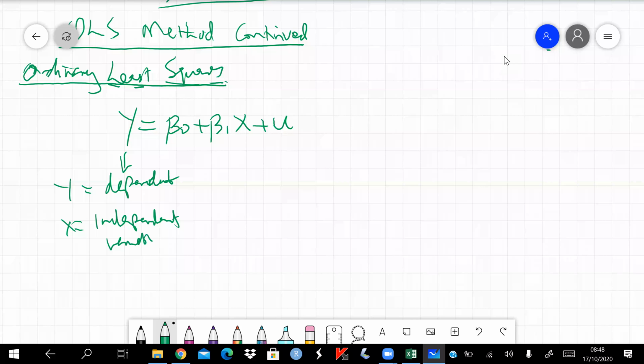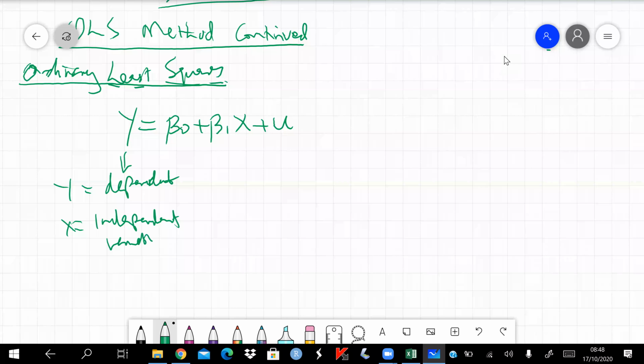Because if you are trying to predict y using some variable x, in most cases x may not be the only force affecting y. There are many other factors which are also contributing to the value of y. Those factors not captured in the model are plugged into the residual.